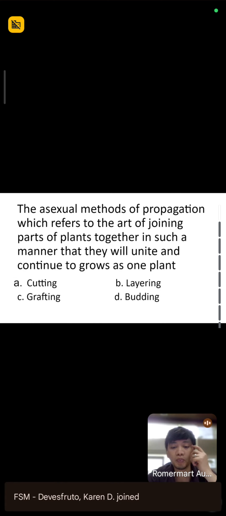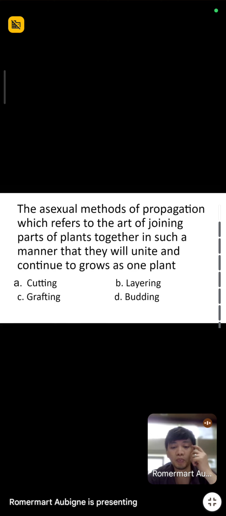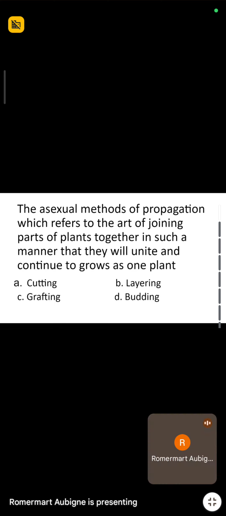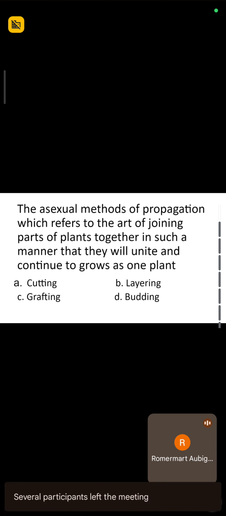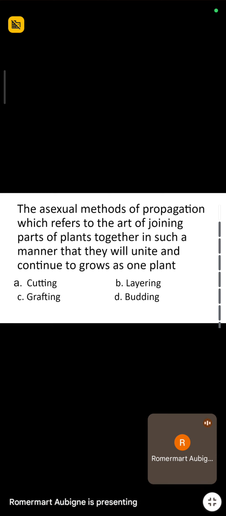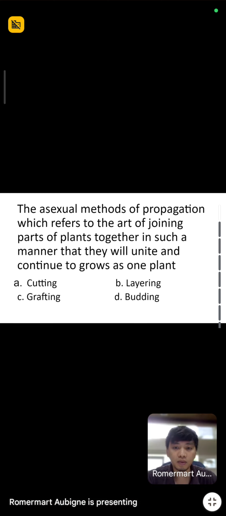So, as next question, an asexual method of propagation which refers to the art of joining parts of plants together in such a manner that they will unite and continue to grow as one plant. Correct answer po is, again, grafting pa rin yung tawag natin doon.